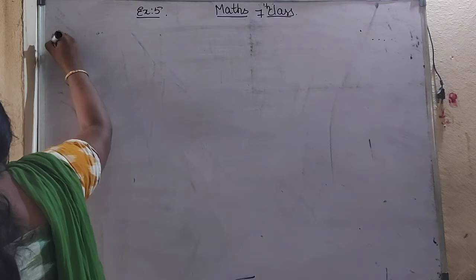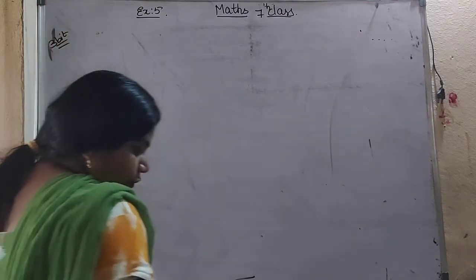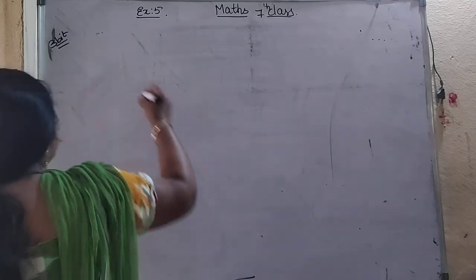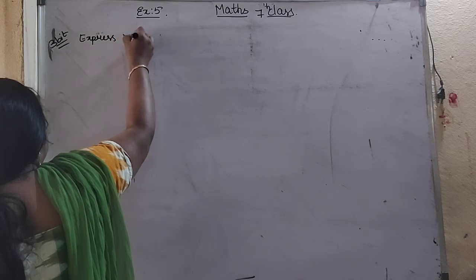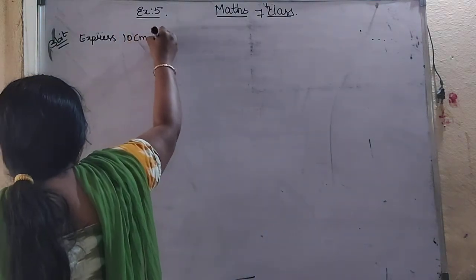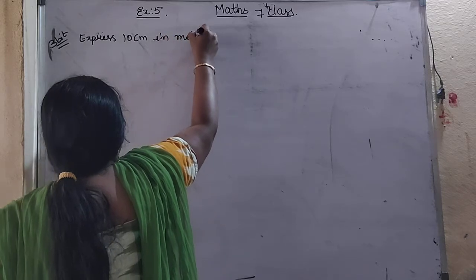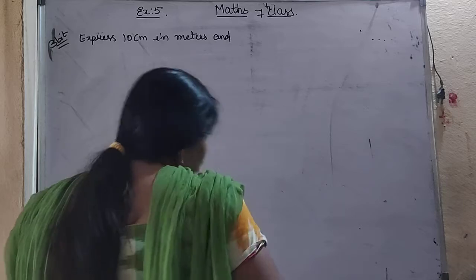Next, the third bit. What is the third bit? Express 10 centimeters in meters and kilometers.